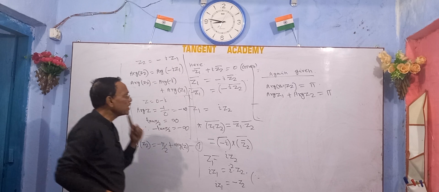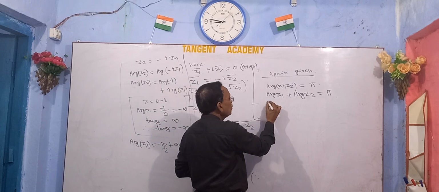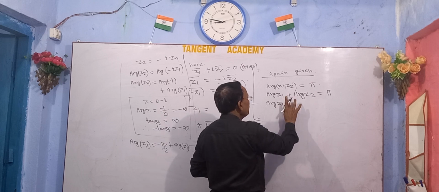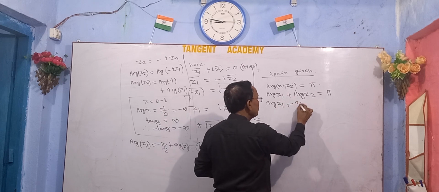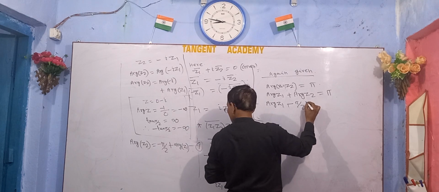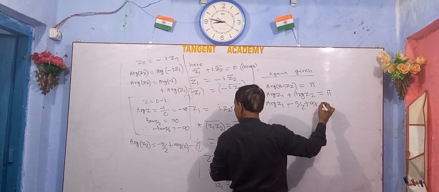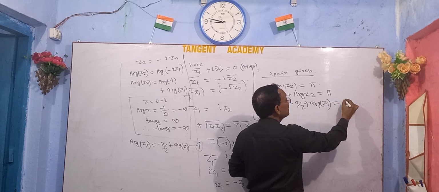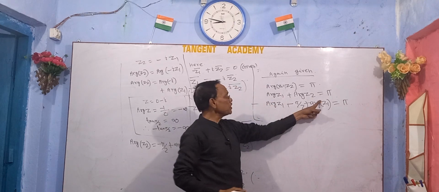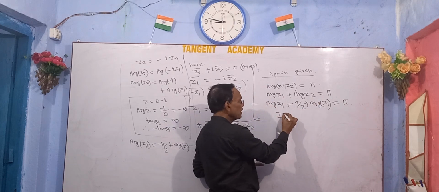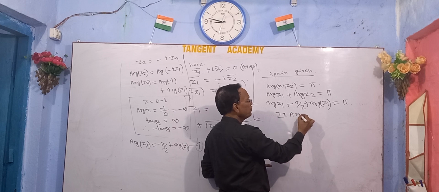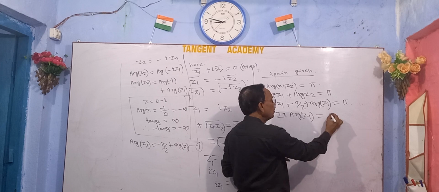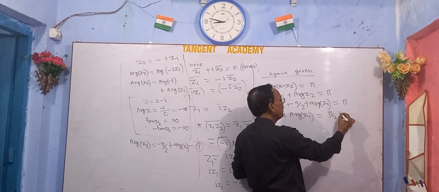Now we can put the value of the argument of Z2 from relation 1. Argument of Z1 plus minus pi by 2 plus argument of Z1 is equal to pi. So 2 times the argument of Z1 is equal to pi by 2 plus pi.